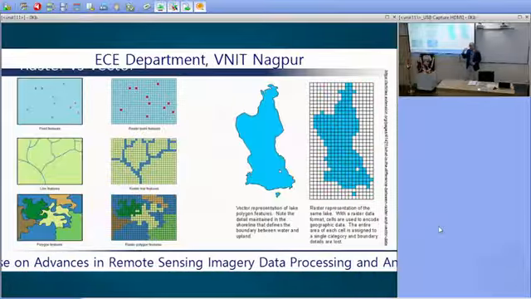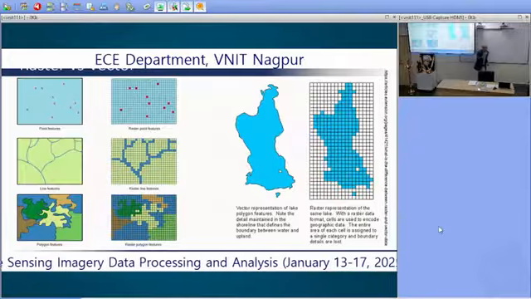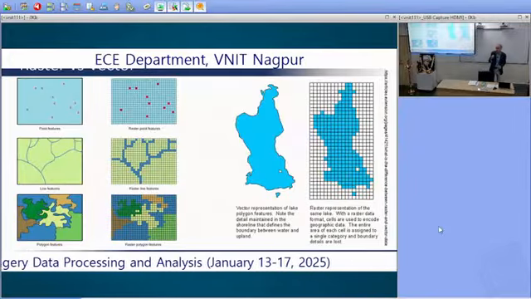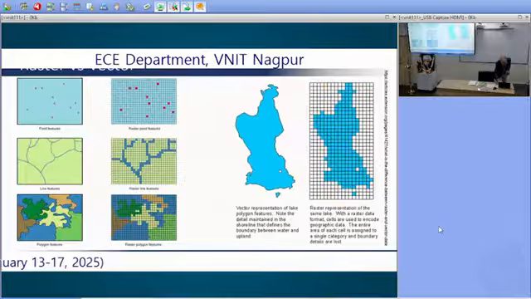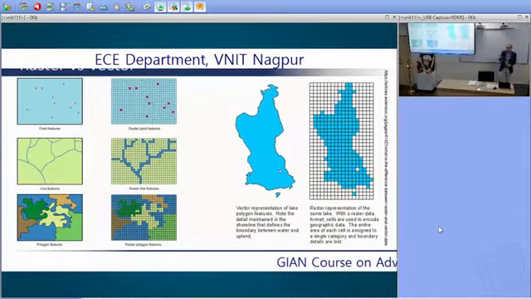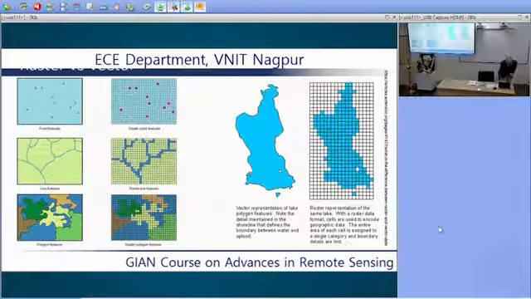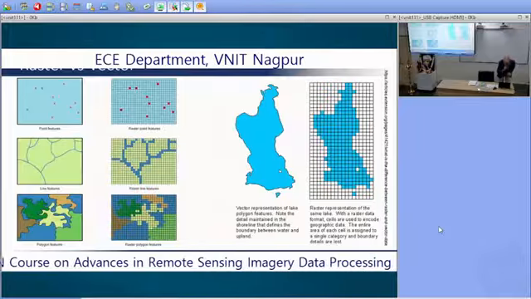In Earth observation, this is quite basic, but I thought it was useful to make up our minds about, especially if you don't have practical experience with Earth observation. I think this is useful to make sense of these. Yeah.